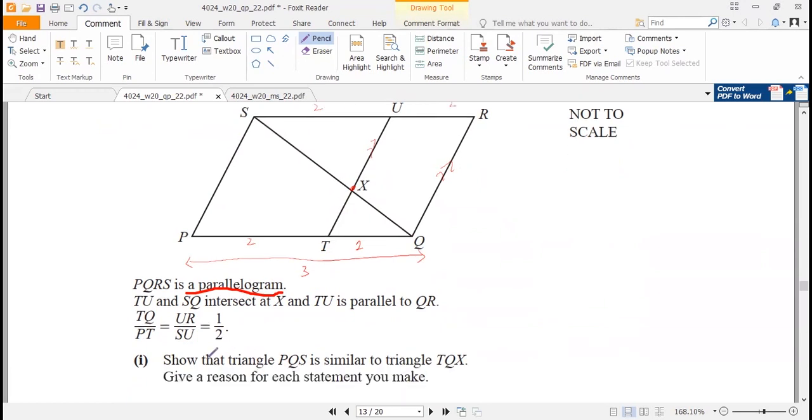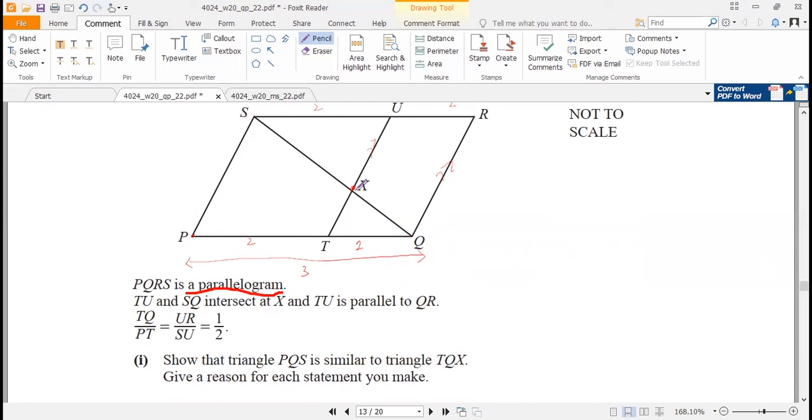Okay, we need to show that the triangle PQS is similar to TQS. PQS and TQS, these two triangles are similar. We have to show that.